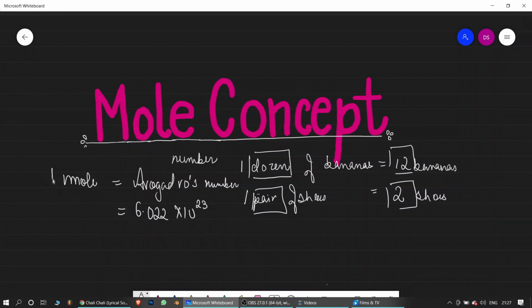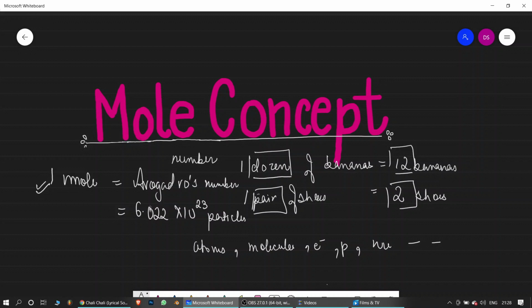So when I say I have 1 mole of a particular thing, I mean to say that I have 6.022 into 10 raised to the power 23 particles of that thing. And these particles can be anything. They can be atoms, molecules, electrons, protons, neutrons, or any kind of particle.